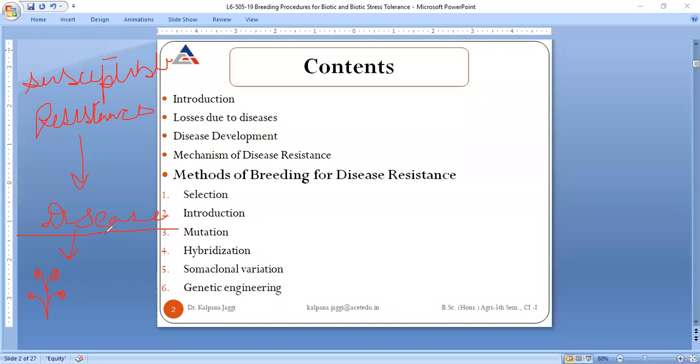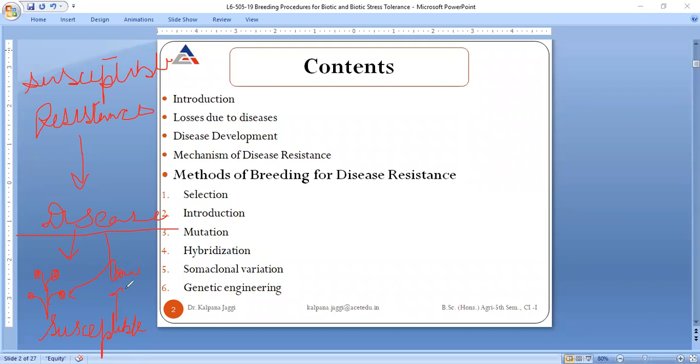If any plant is being affected by the disease, we call such categories of plants the susceptible ones. Susceptible means they have a very low immune system.